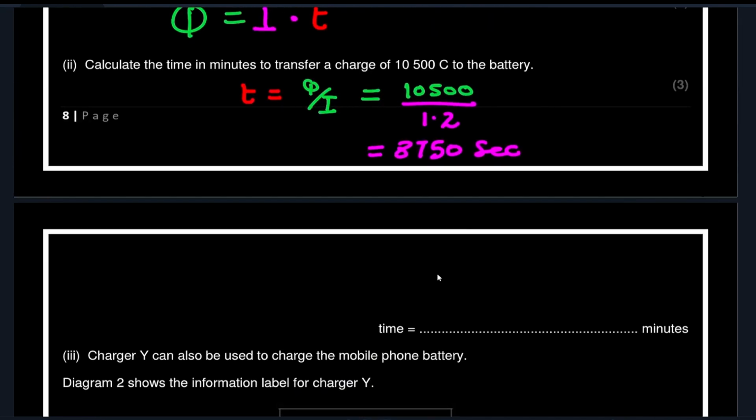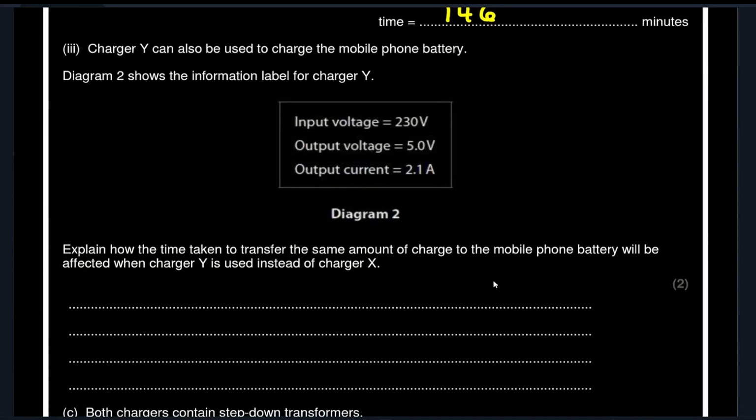We have to give it in minutes because of the way the answer was expected, so we can divide by 60, and then we're going to get 146 minutes as the time taken.